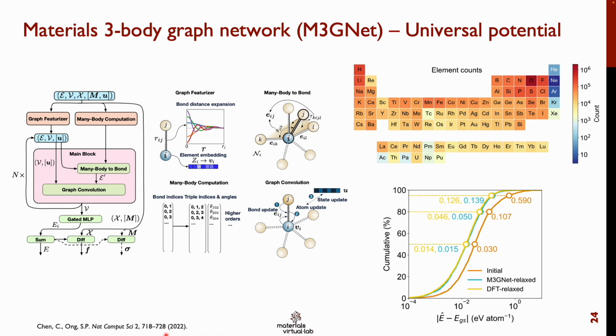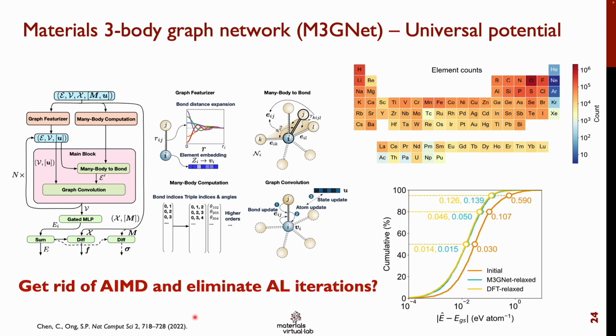I won't introduce too much of it in this tutorial, but you are welcome to refer to this reference to check it out. But the main message in this slide I want to show is that now we may have the possibility to not only get rid of AIMD in our structure generation step, but also eliminate active learning iterations in the structure generation step for MLIPs.